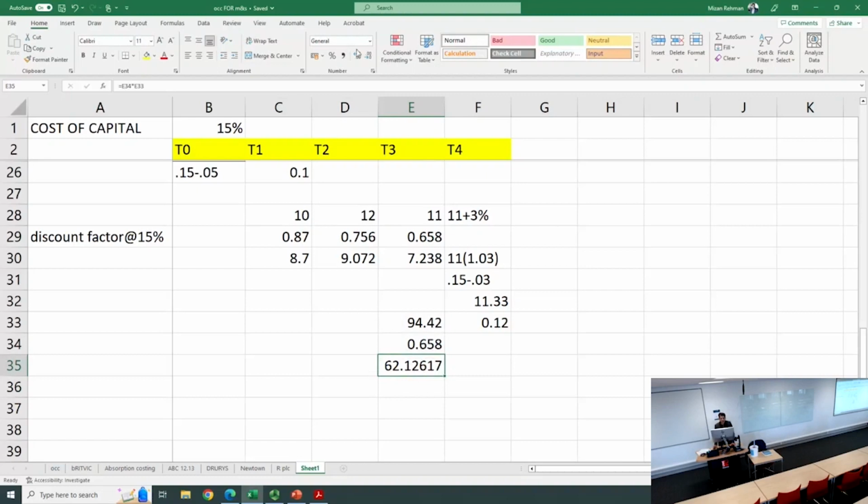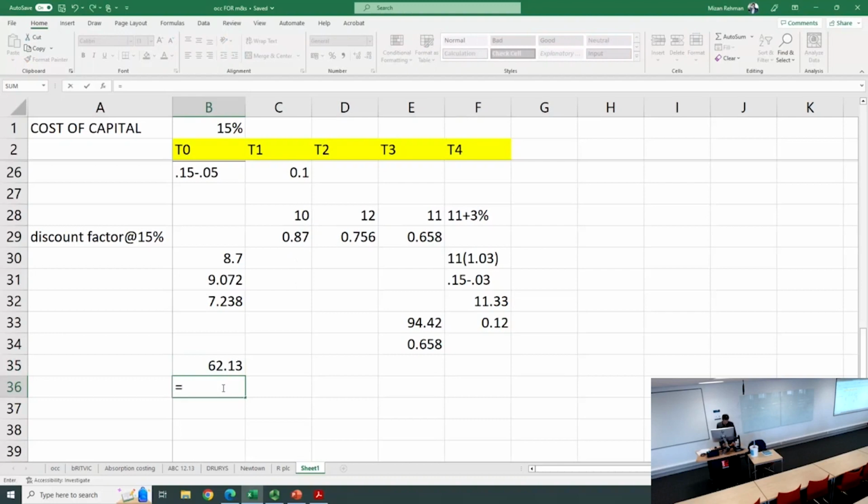And that is the PV of these values, if you transfer them to T0, $87.1.